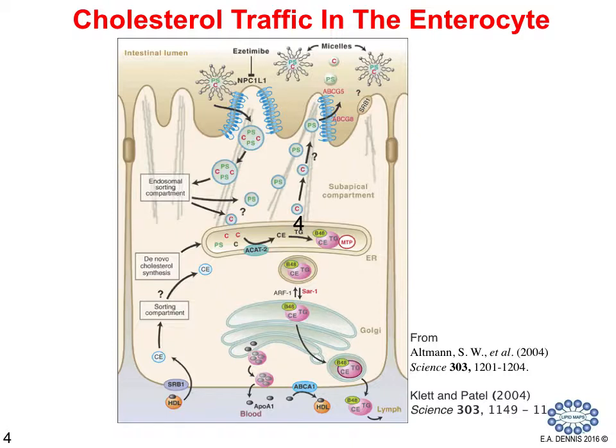Specifically, the free cholesterol is acylated by ACAT to make cholesterol esters, and the chylomicron core contains some cholesterol ester but mostly triglycerides, marked by apoprotein B48 as described in lecture part A. And these lipoprotein particles, or chylomicrons, are transferred to the bloodstream, the lymph system, to be delivered to the liver.